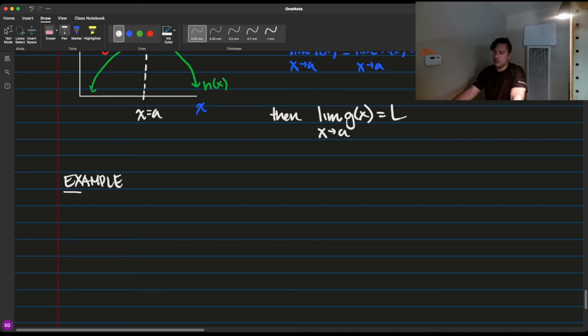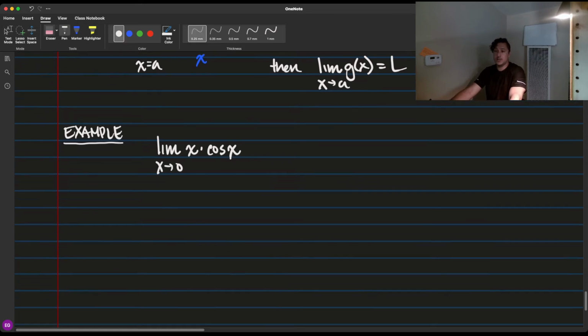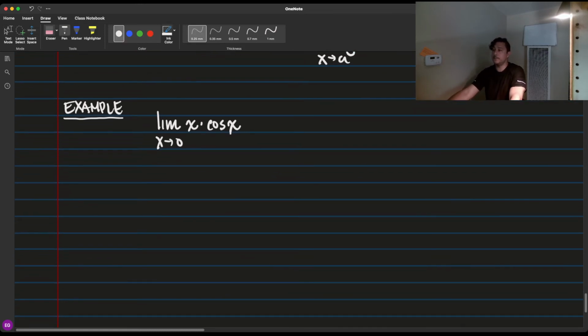So we're going to compute the limit as x approaches 0 of x times cosine x. Okay, so a lot of these problems involve a cosine or a sine or something like that.